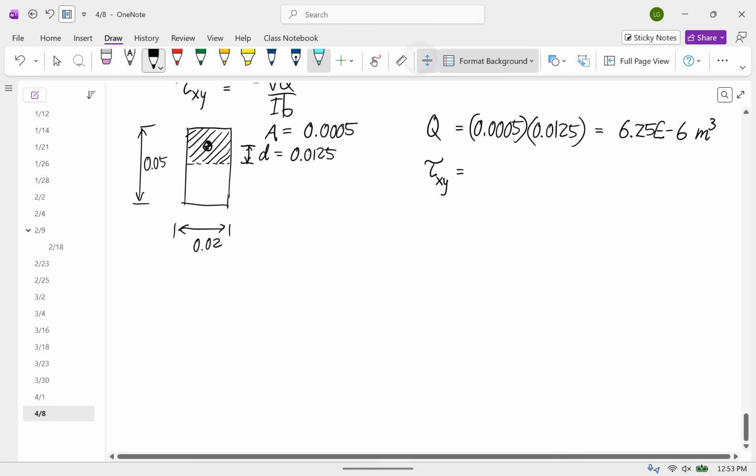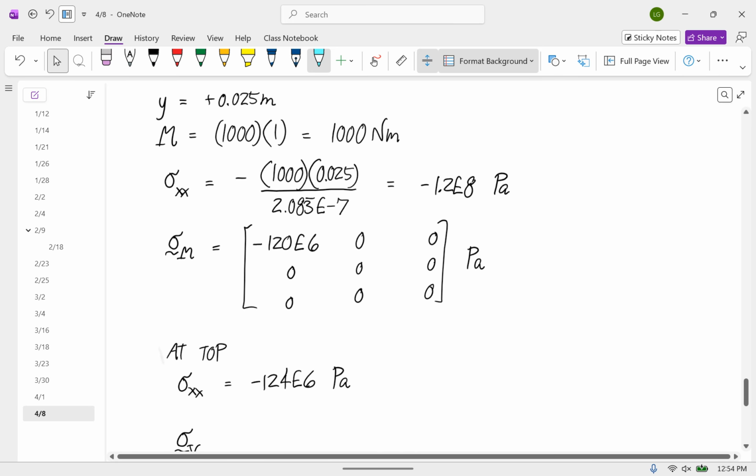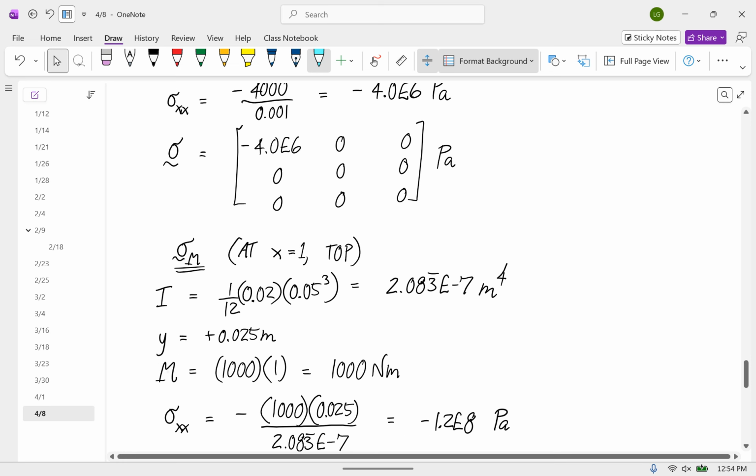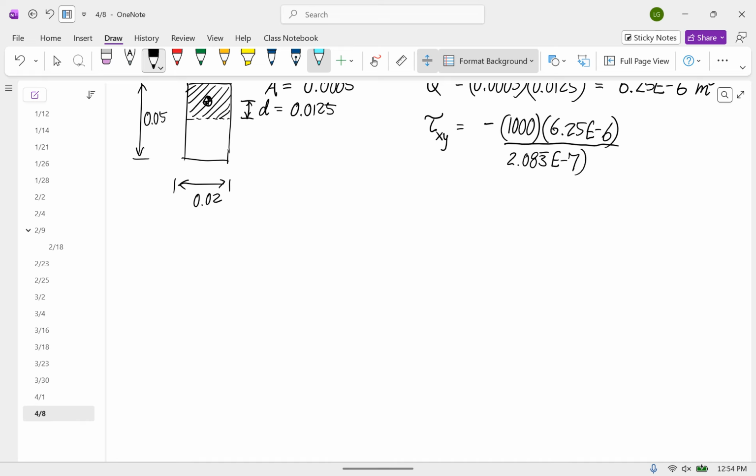So we have negative 1,000 times 6.25 times 10 to the minus 6. Our I that we calculated before was 2.083 times 10 to the minus 7.